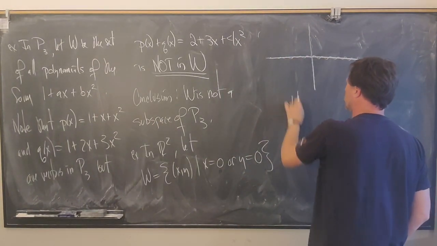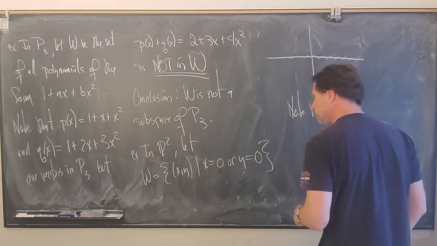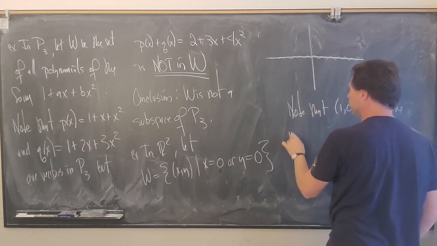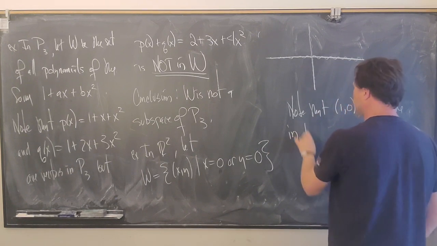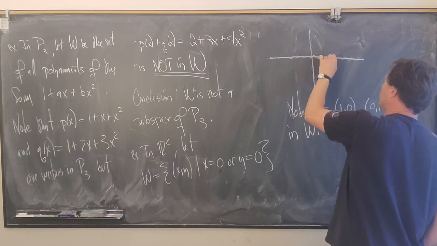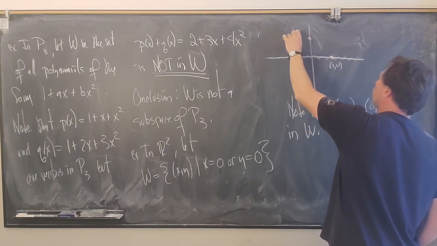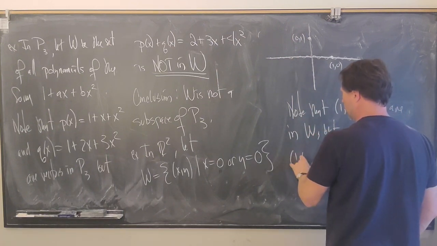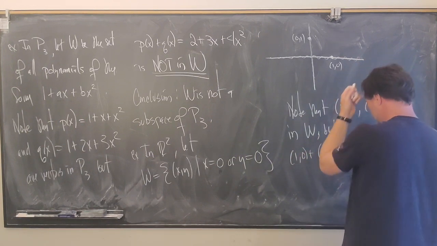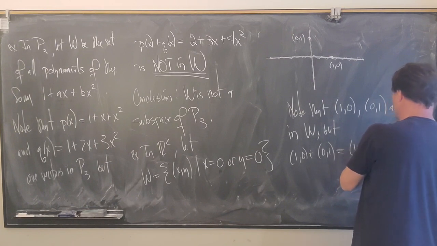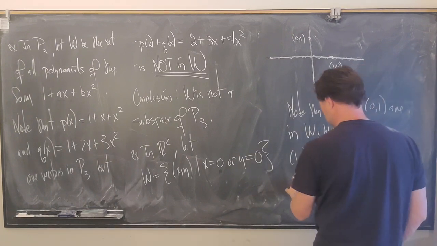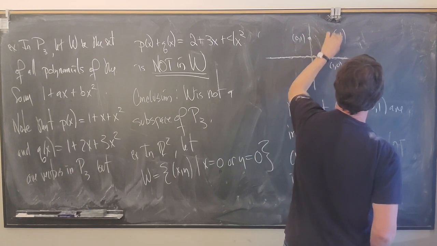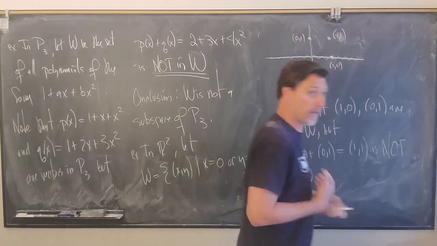Now note that (1, 0) and (0, 1) are in capital W. All right, so (1, 0) is right there, (0, 1) is right there, but (1, 0) plus (0, 1), that's equal to (1, 1), is not in W, right? (1, 1) is off of both the x and the y-axis.